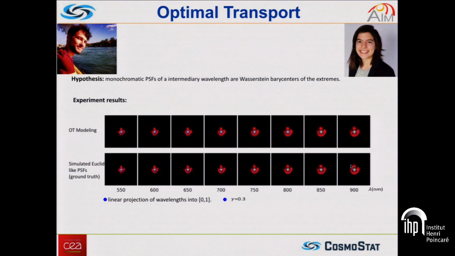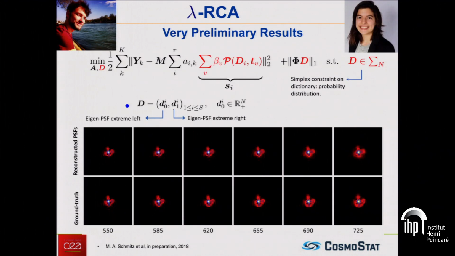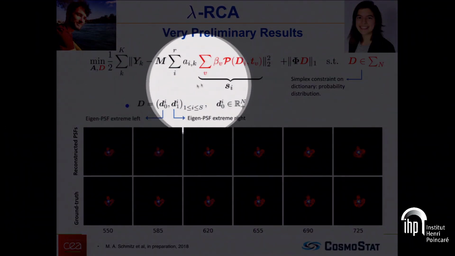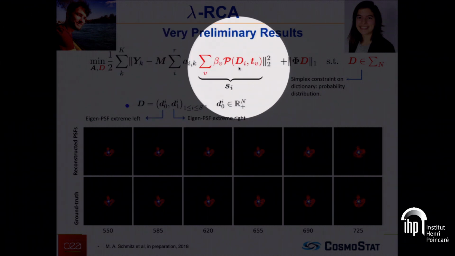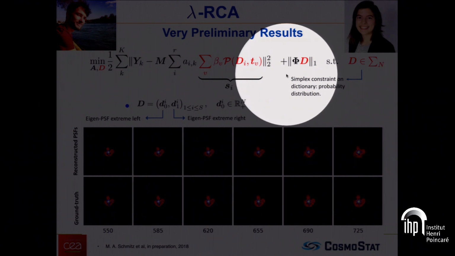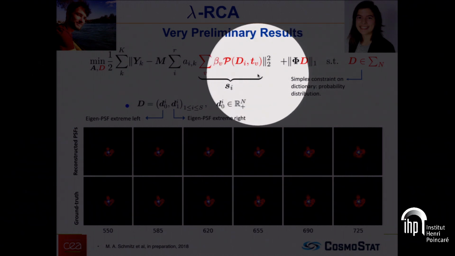So this was very encouraging, and we try now to plug this into the previous framework, which starts to be a bit complicated to explain now, but here we just replace the fidelity term by using, instead of having one PSF, the two extrema PSF, and you have to estimate the transport.